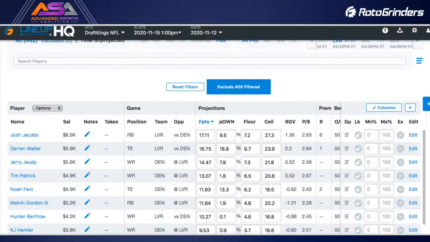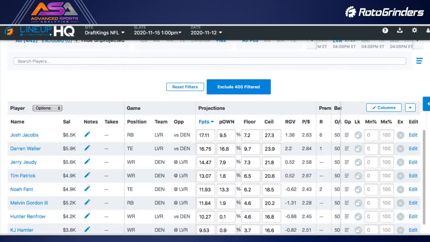And this game has a 51 total. I know these aren't the most appealing offenses, and the Raiders could spread the ball around. Outside of Waller, I'm not a big fan of single stacking Carr with just Waller, but you could do it, and then run it back with a Judy or a Patrick or something like that.